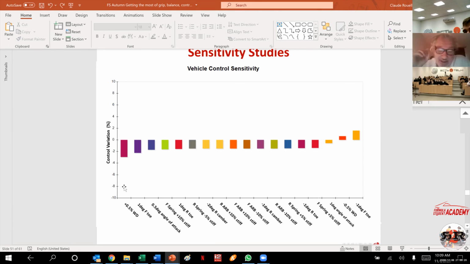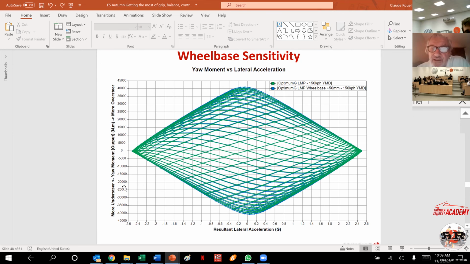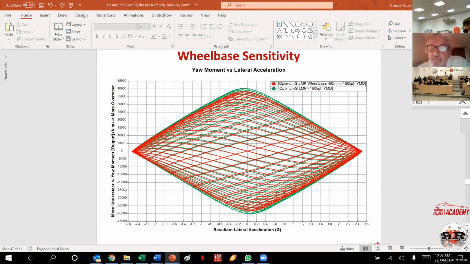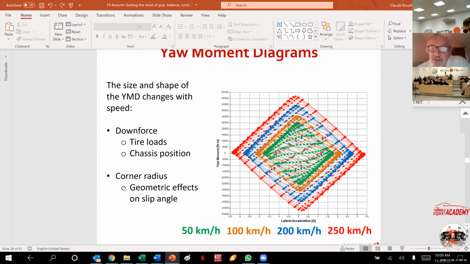By the way, it's a good question, because in that case, the yaw moment versus lateral acceleration becomes a 3D diagram. In other words, you have yaw moment versus lateral acceleration with a z-axis, which is longitudinal acceleration, braking or acceleration.